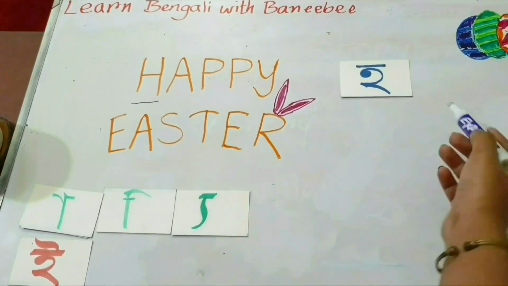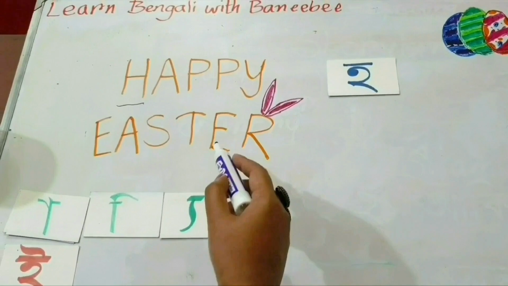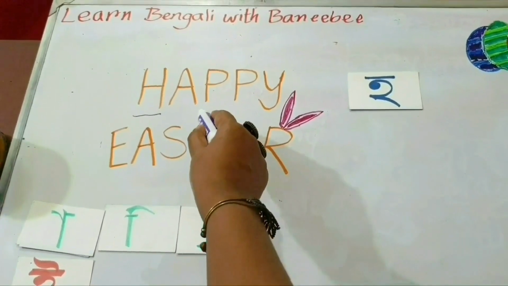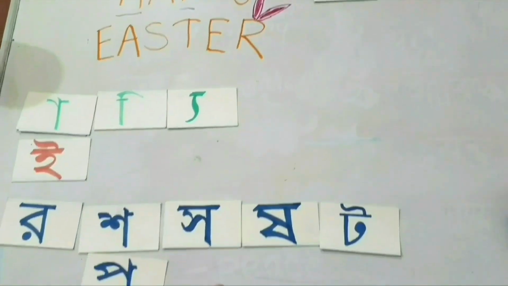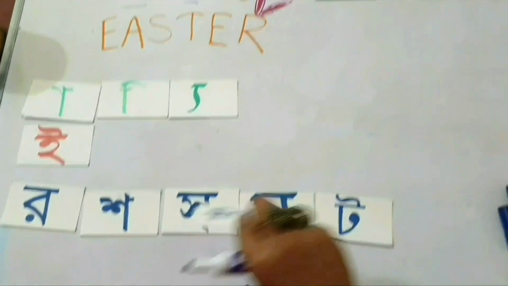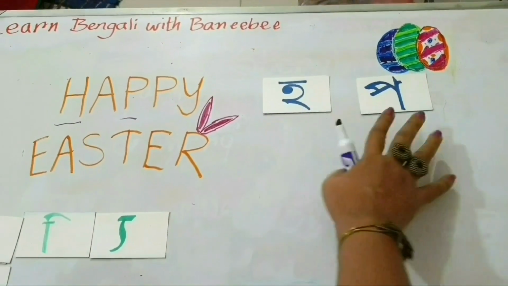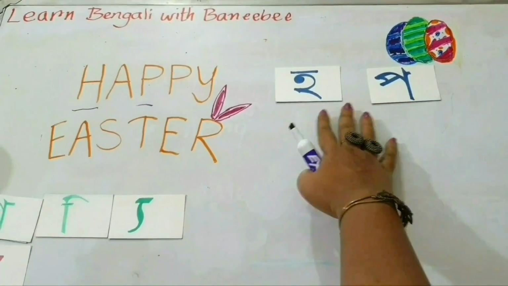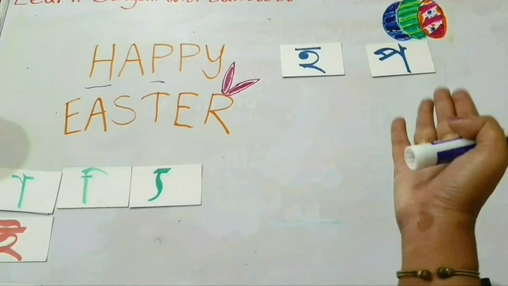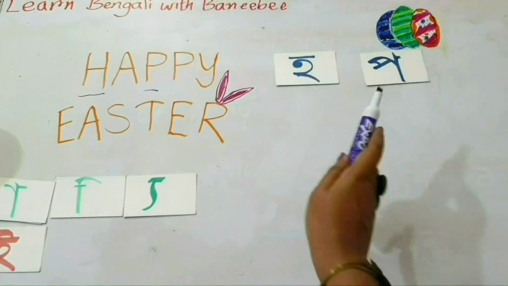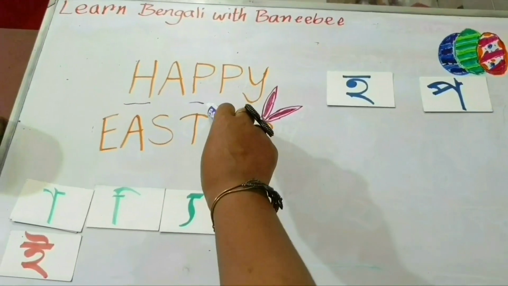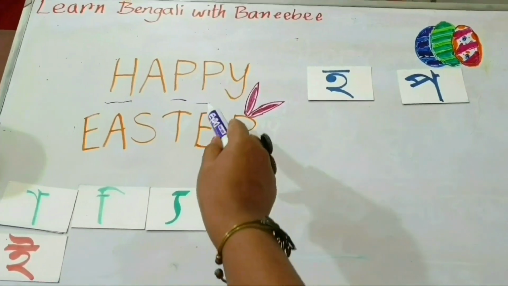What is the next consonant? We will place the consonants first, okay? So the next consonant is P. This is pa, okay? Ha, and this is pa, ha, pa. So right now these are just ha, pa, but I will have to make it happy. And another thing, there are two P's here, right?